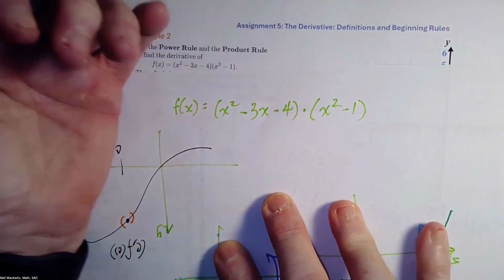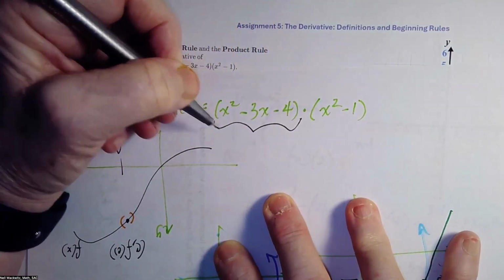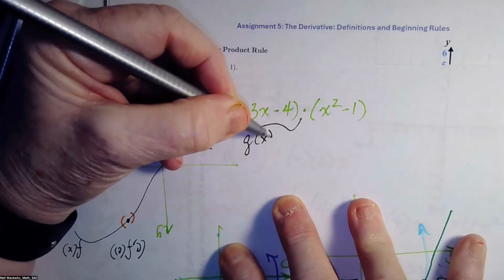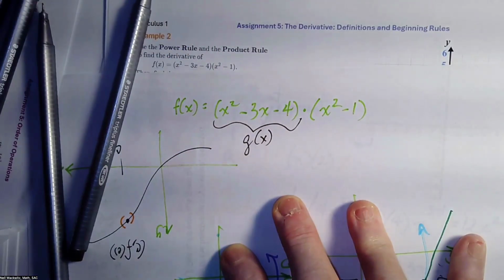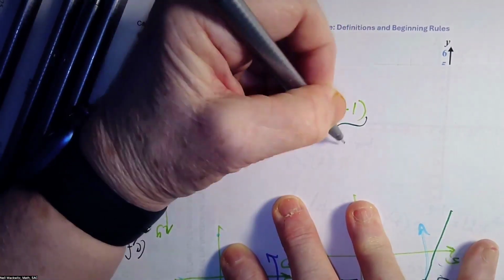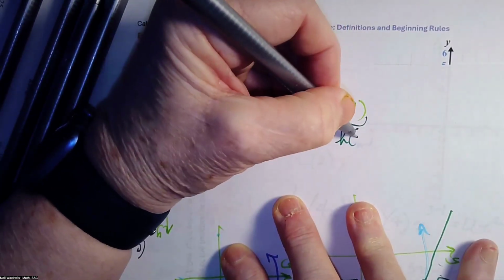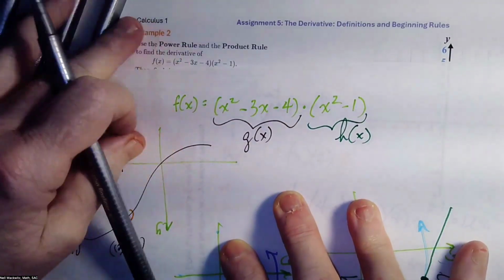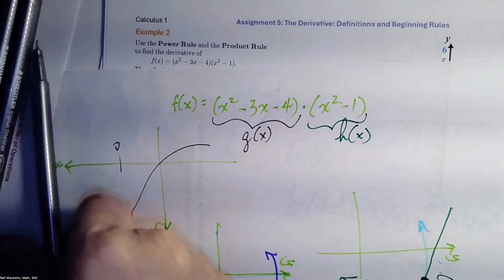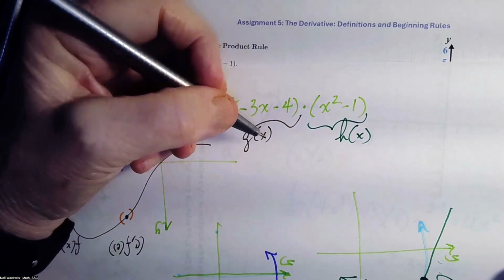So let's let this first function be g of x, and the second function be h of x. It's necessary for the formula to know what g prime is.